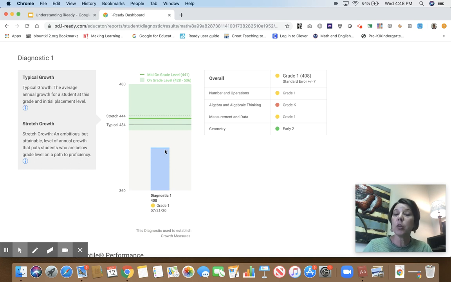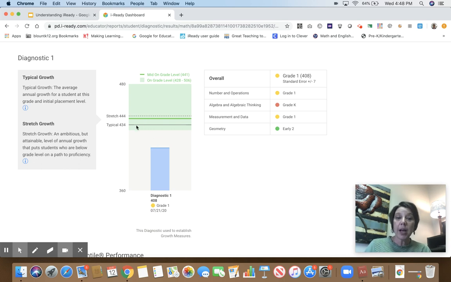Your child has a blue bar on their paper. This blue bar represents your child. And what we want to see is the same thing as this number, as this scale score. We want to see the blue bar grow. We want to see it get bigger. And there are a couple of goals that we want to try to get our kids to as we progress through the year.